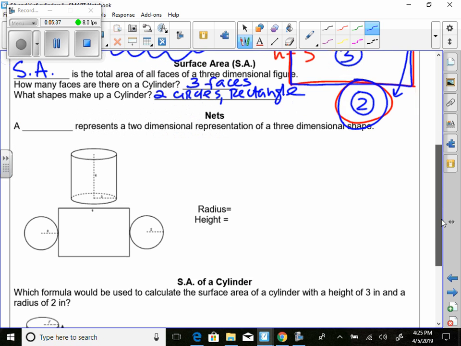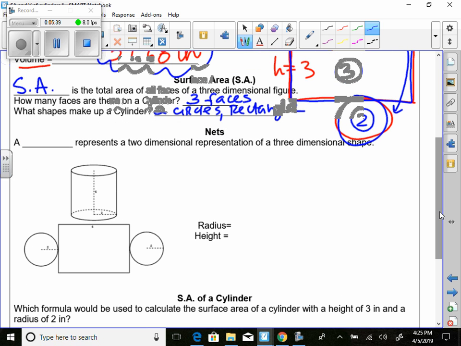Okay, there we go. So that's about surface area. A net, again, is a two-dimensional representation of a three-dimensional shape. So same exact thing. These numbers are kind of hard to see, but the cylinder has been unfolded into this net, and the radius is 2.